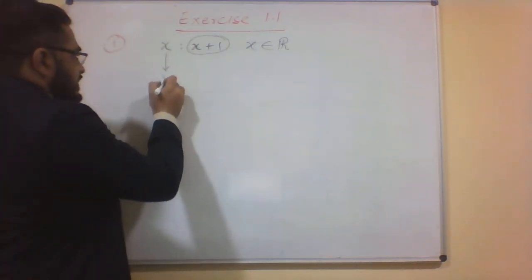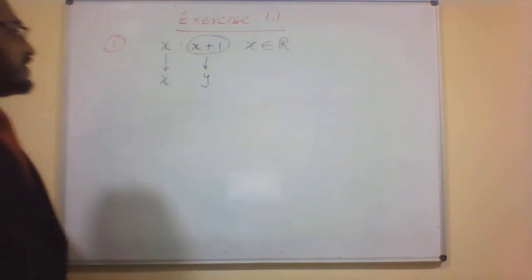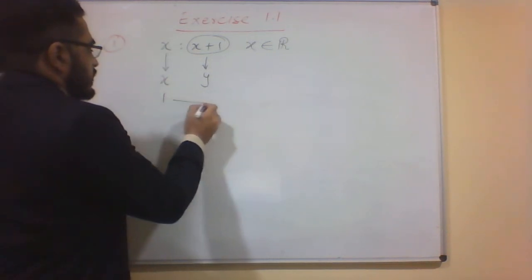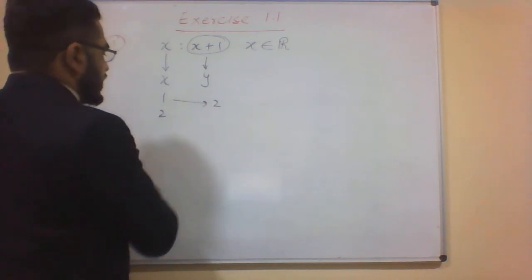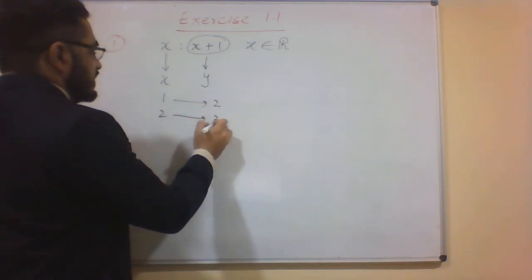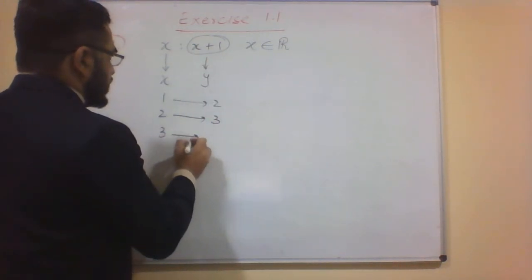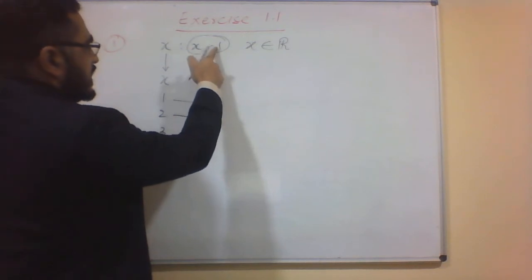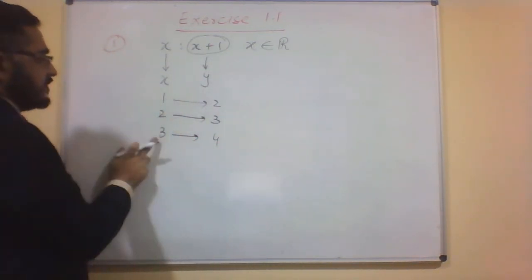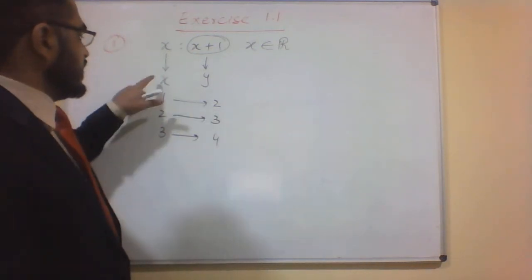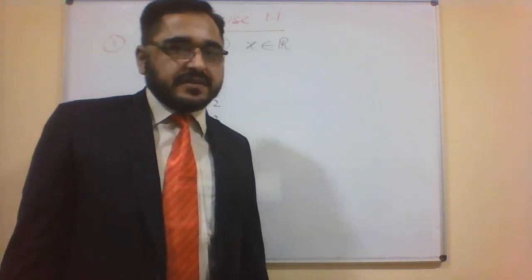If we substitute 1, we get 2, since 1 plus 1 is 2. For x equals 2, we get y equals 3, and for x equals 3, 3 plus 1 is 4. For every different domain value, we get a different range value. It means this is one-one.